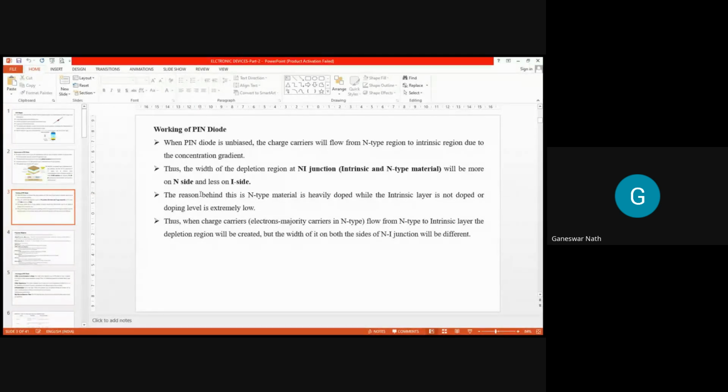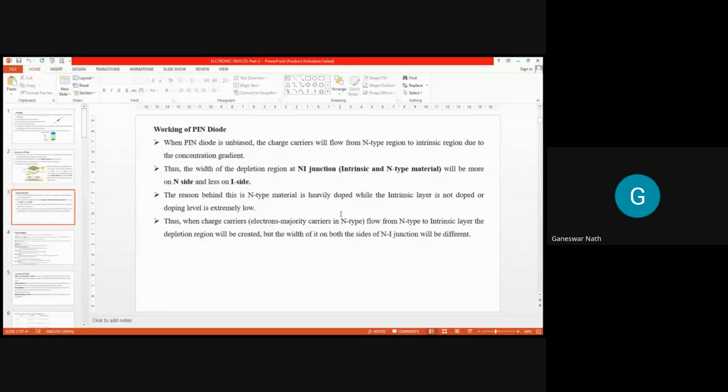So naturally, a heavy depletion region is formed at the NI region. The N-type material, I told you, is heavily doped, while the intrinsic layer is not doped, or the doping level is extremely low actually.